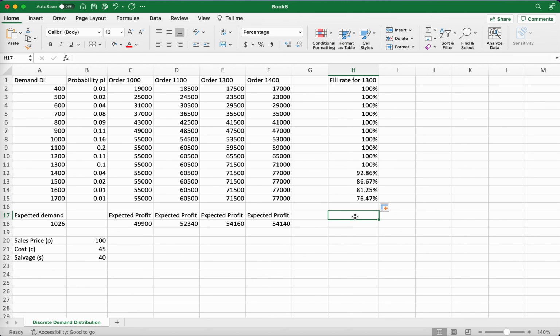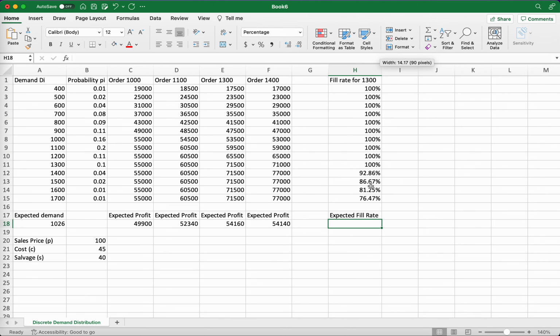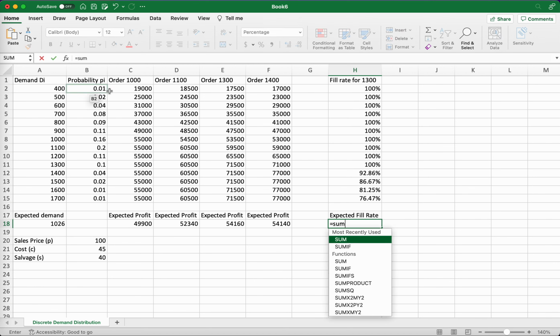So what is the fill rate, or the expected fill rate, I'm sorry. Again, we'll do the same thing. We'll multiply the fill rates with the corresponding probability values and add them all up.